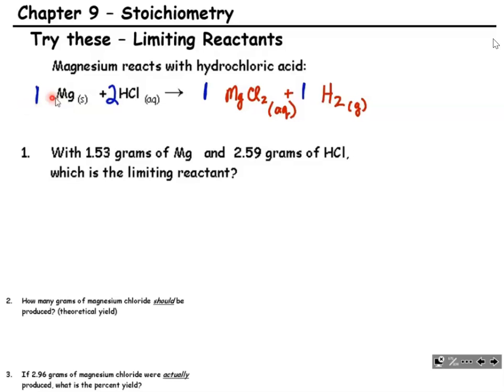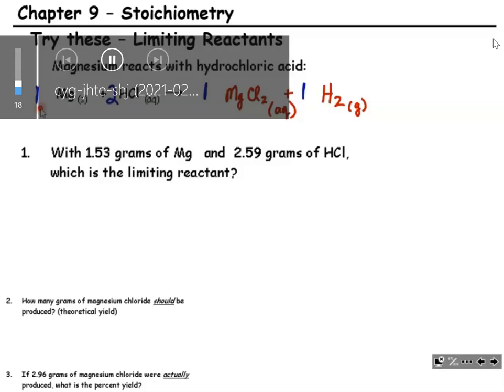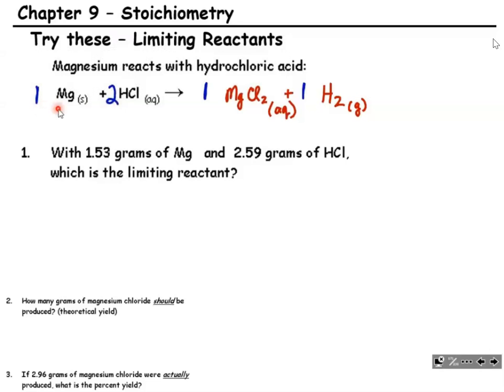You look at the balanced equation, 1 magnesium, 2 hydrochlorics, but those numbers are for moles, not grams. So you don't need twice as many grams of HCl as you do Mg, but you need twice as many moles. So you can't really tell straight away just from that fact. If I had 1 mole of magnesium and I had 10 moles of HCl, well, right away I can tell you what the limiting reactant is.